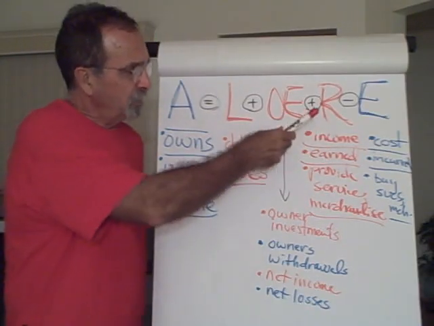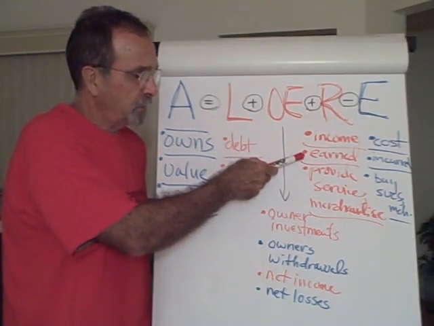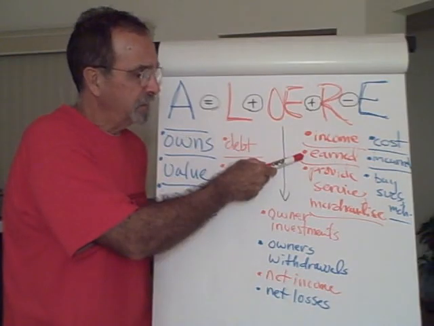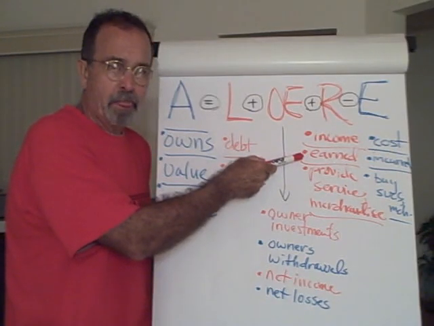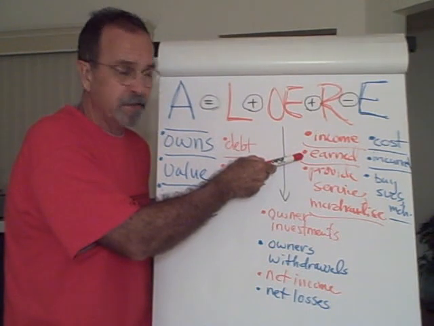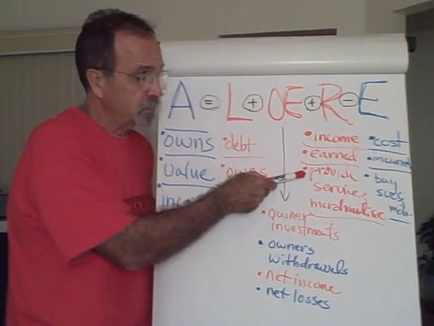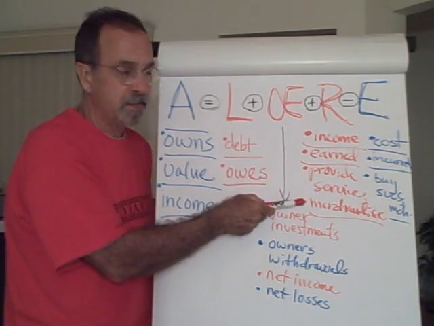So again, revenues are our income, and our income is earned. The activity that provides us with earning our income is selling or providing our customers with services and/or merchandise.